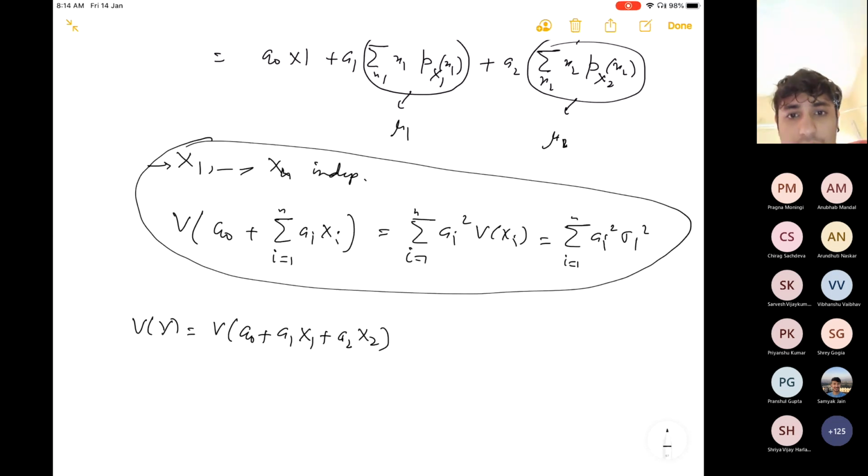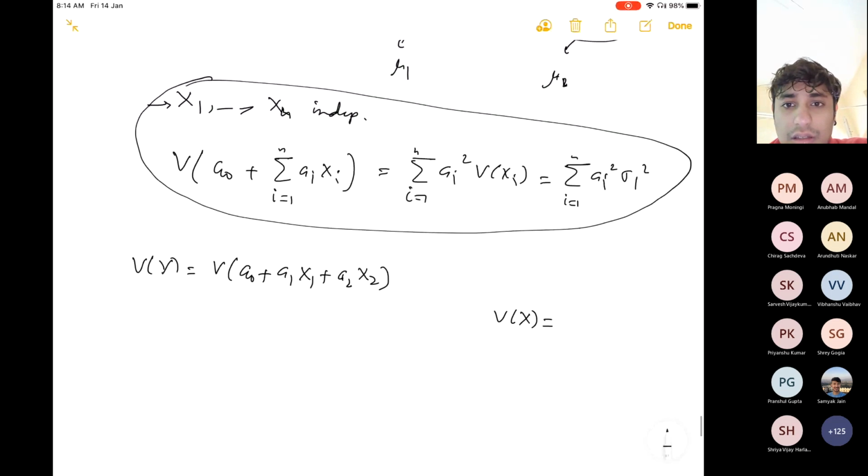Then what is the definition of variance of x? Can anyone define variance of x? How is variance of x defined in terms of expectation? Expectation of x minus mu whole square. Yeah, so this will be expectation of x minus mu square.